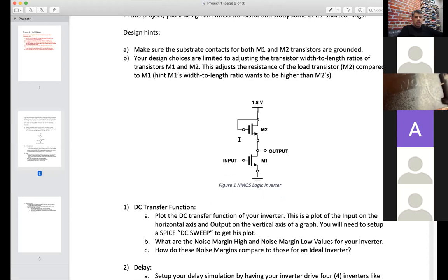This NMOS transistor on top here, you can think of the gate and the drain as hooked up together.